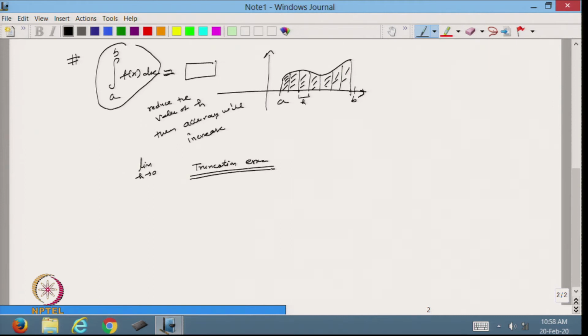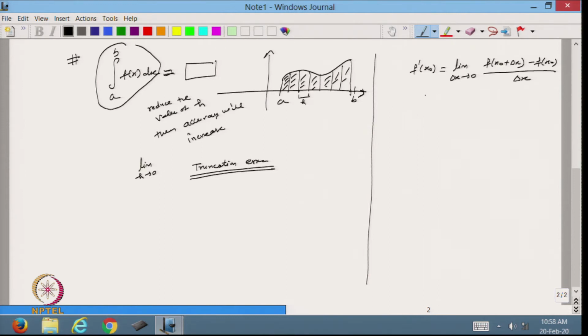Another form of truncation error: suppose I have a function and I want to define the derivative of the function at x naught. In this case I know that this is the definition of the derivative, the limit over delta x. Now, suppose I am finding the derivative with the help of computer, with the help of numerical analysis.